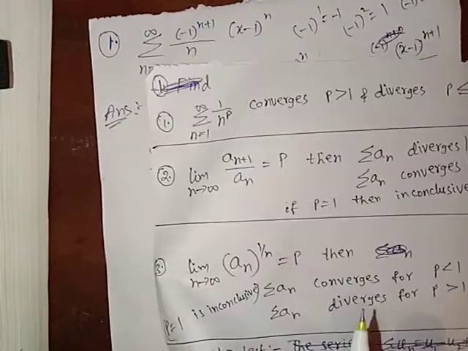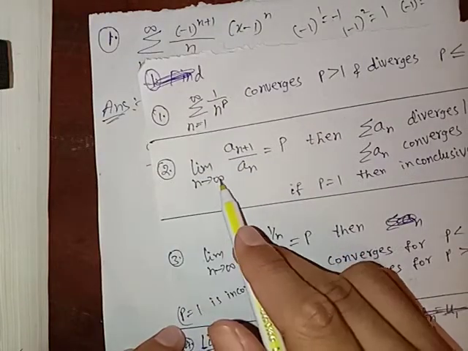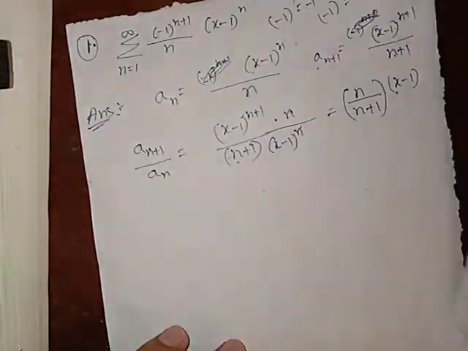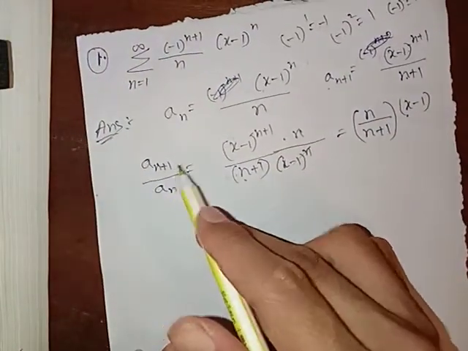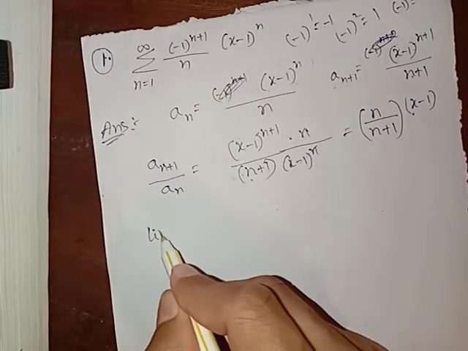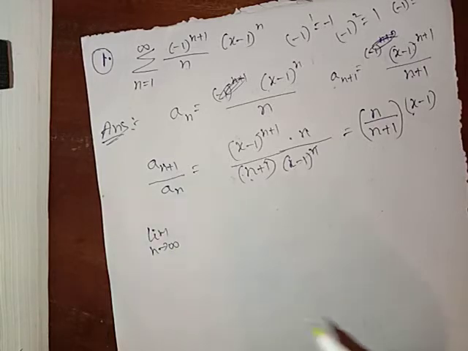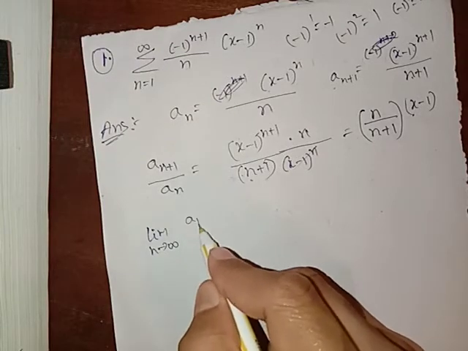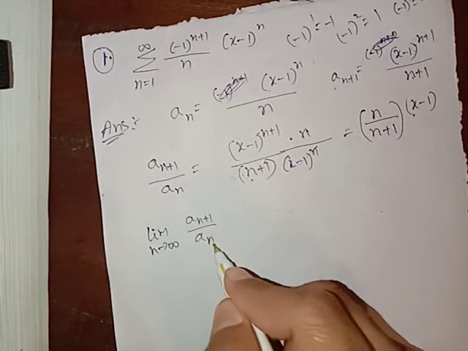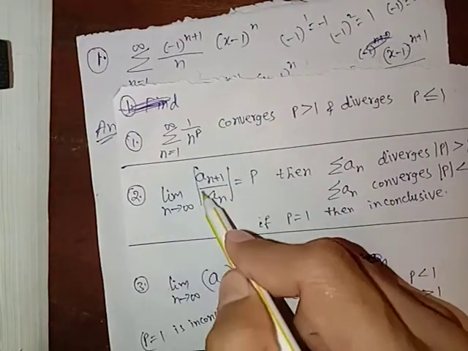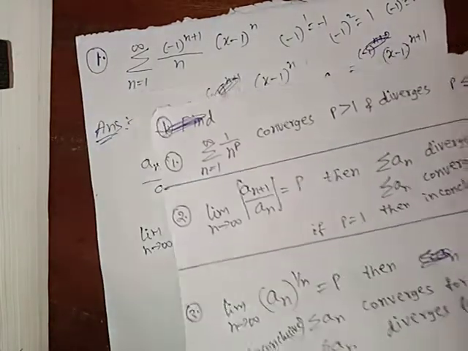So we have the ratio test: limit as n tends to infinity of a(n+1) divided by a(n) is equal to p. Here we have to take the modulus of a(n+1) divided by a(n).